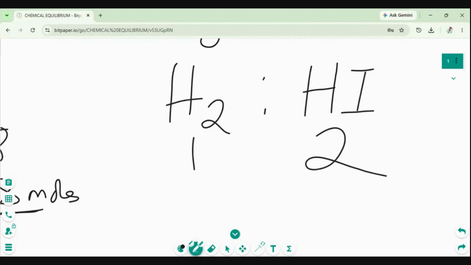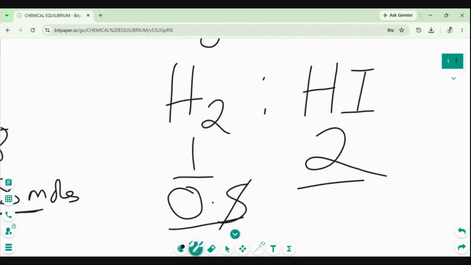But we ask ourselves a question. In this particular reaction, was it 1 mole of hydrogen reacting? No, it was actually 0.8. So if 1 mole forms 2, how many will be formed by 0.8? So 1 forms 2. How about 0.8?